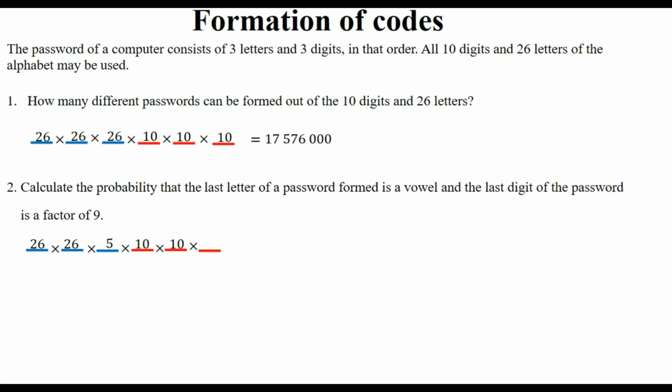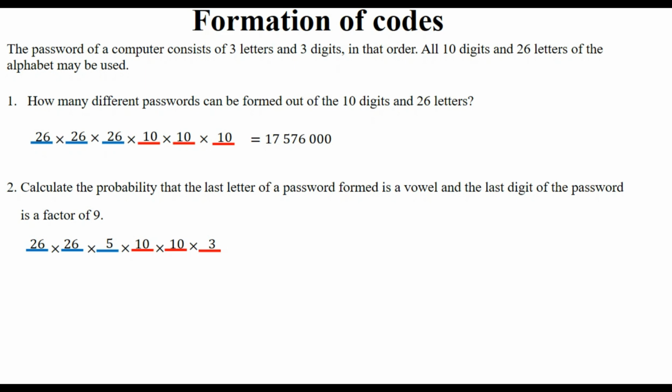Therefore, how many factors of 9 do we have in total? It is 1, 3, and 9. So we have 3 factors of 9. In those 10 digits, 3 of those digits are the factors of 9, which is 1, 3, and 9. Then therefore there are only 3 digits that can occupy this last position in the digits.